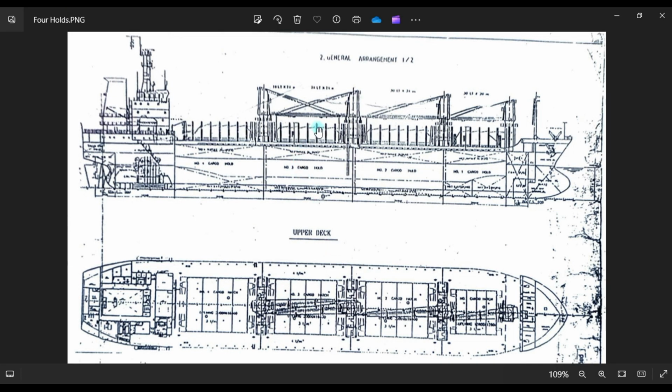So holds 3 and 4 are found on the aft part of the vessel, so this sign of LCG would be positive. Positive LCG of hold number 4 and positive LCG of hold number 3. Okay.